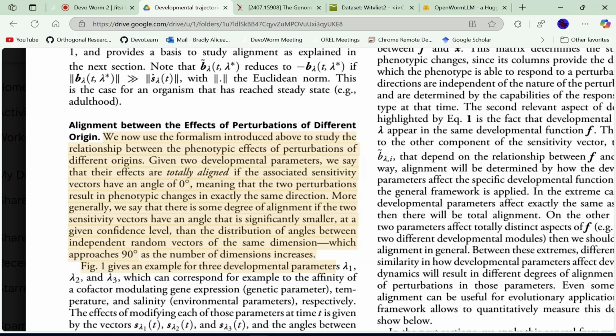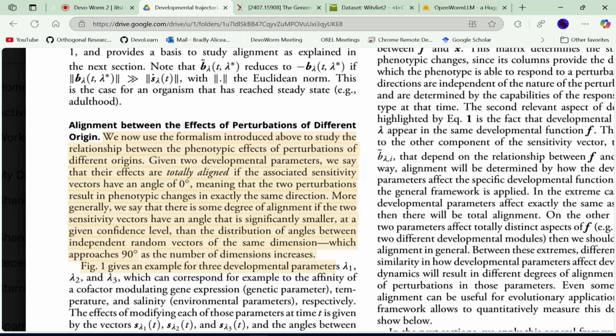So basically, if they're totally aligned, they're at an angle of 0. We can say that there's some degree of alignment if they're subtended at some angle, maybe under 45 degrees.